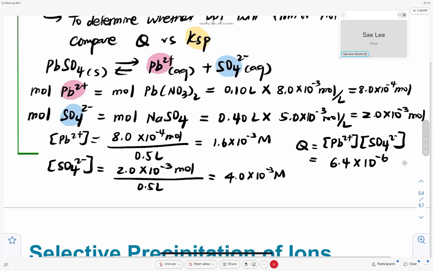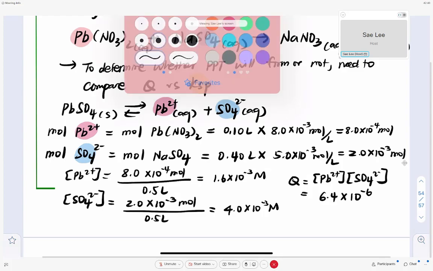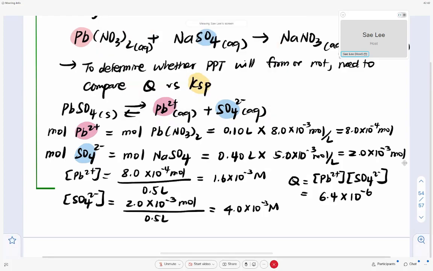Okay, all right, so now we have the K and Q values. Let's compare them. KSP is 6.3 times 10 to the negative 7. Q is 6.4 times 10 to the negative 6. Which one is larger? Q is larger, okay?